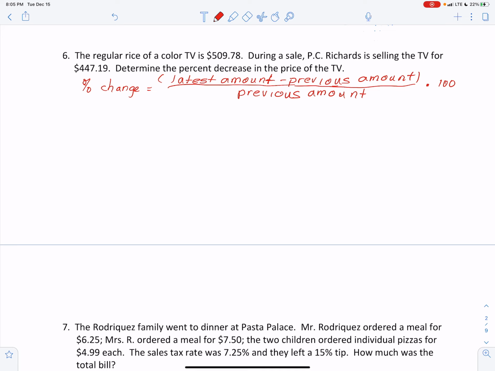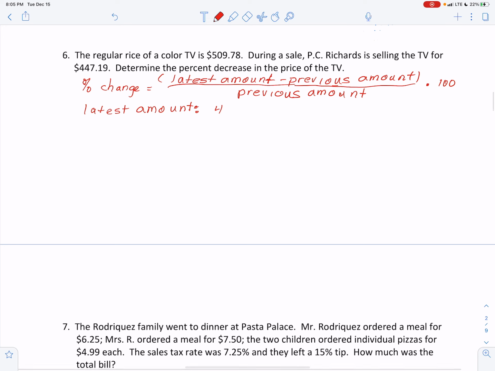So in this example, the latest amount is the sale price, the $447.19. The previous amount is the original price, the regular price.